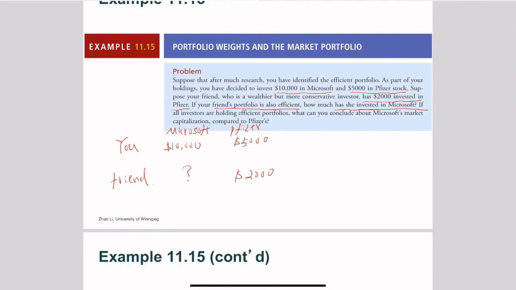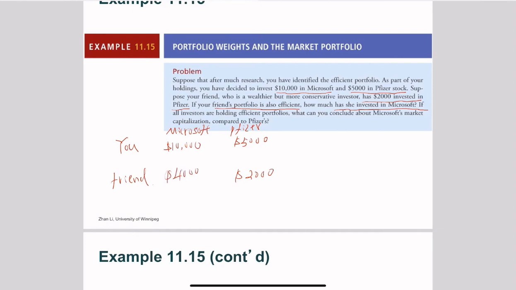Again, if investors are holding the same efficient portfolio, then the portfolio weights of each individual investor's portfolio have to be the same. Now this could help us to solve this problem. You can see that you invest twice your money in Microsoft. Now this implies that your friend should also do the same. So your friend should invest twice the money into Microsoft, which means you should put the number 4,000 here.